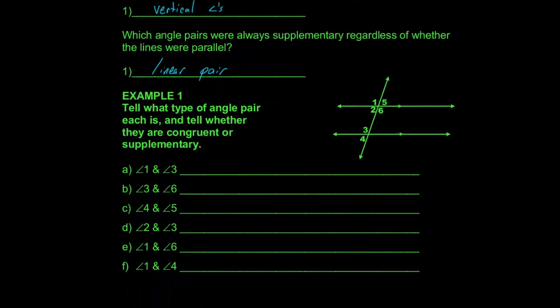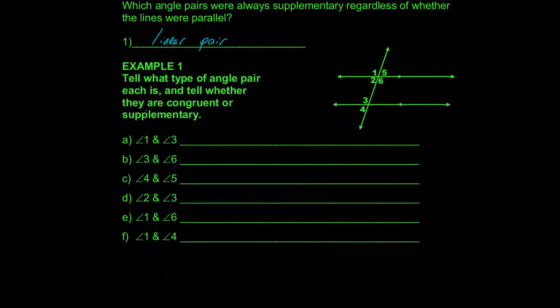Alright, so let's look here at our example 1. It says tell what type of angle pair each is and tell whether they are congruent or supplementary. So here we are, we're looking at 1 and 3. Now, our first thing that we should look for is to see whether or not we have parallel lines, and we do in this case.